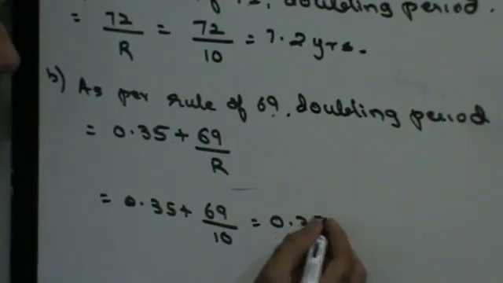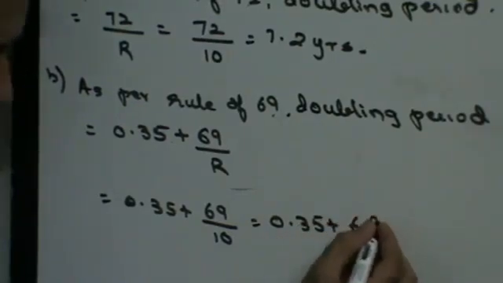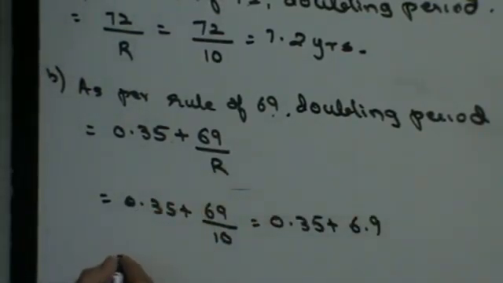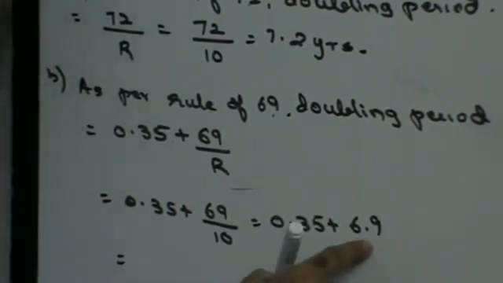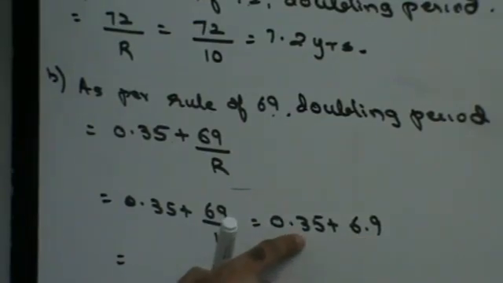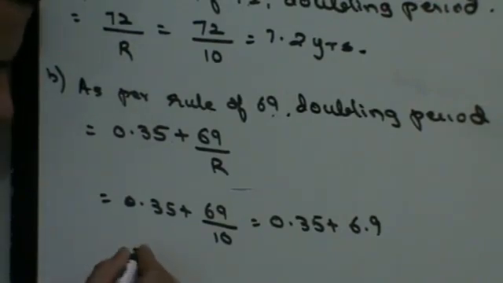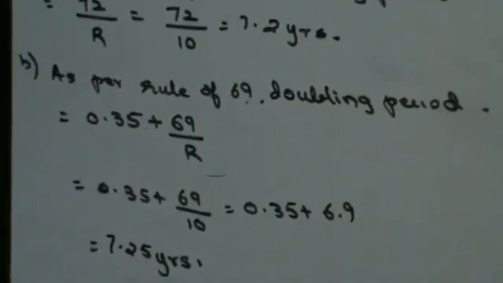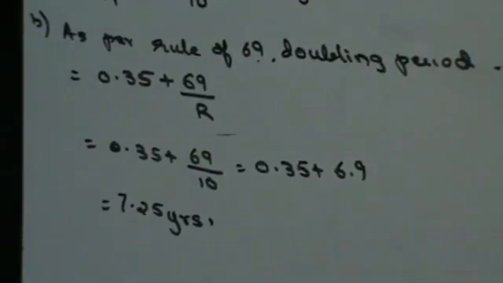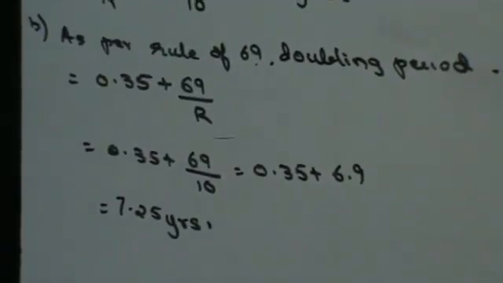That's 0.35 plus 6.9. 6.9 plus 0.35 is not 6.935, it's nothing but 7.25. So you will double your amount in 7.25 years.